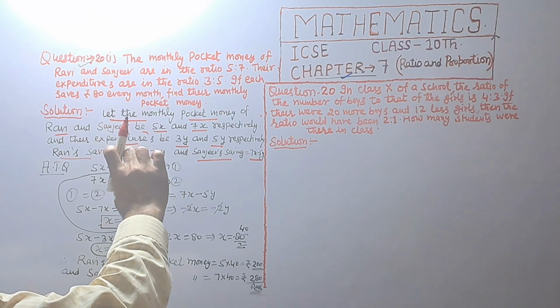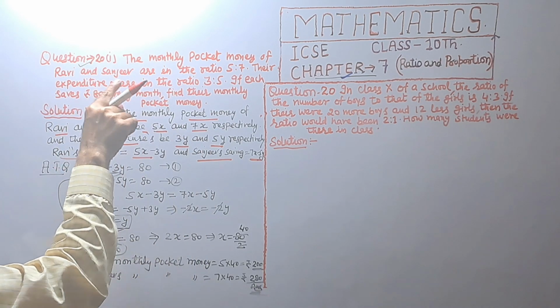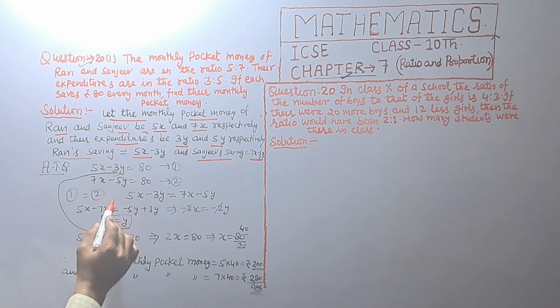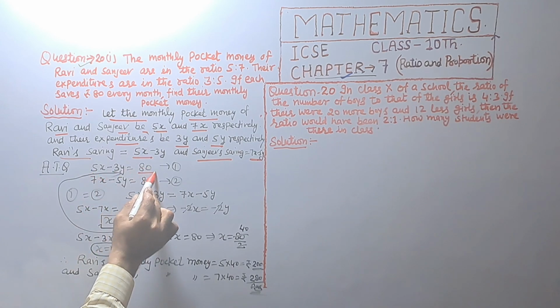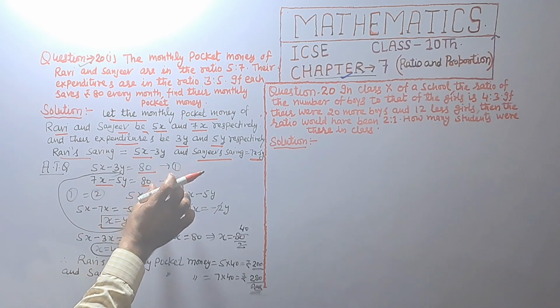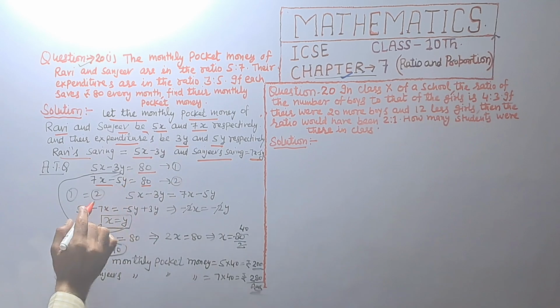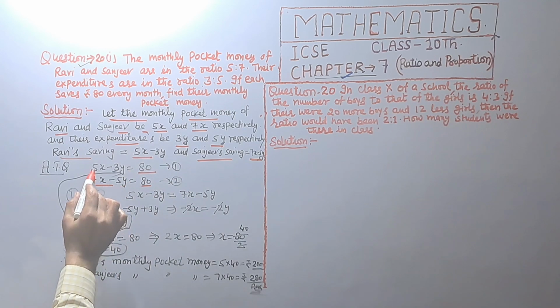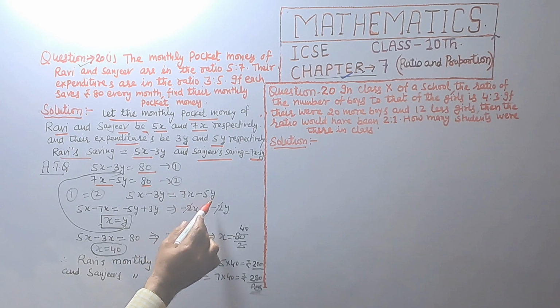According to question, if each saves rupees 80 every month, 5x minus 3y is equal to 80, 7x minus 5y is equal to 80. It's equation number second. From equation number first and second, 5x minus 3y is equal to 7x minus 5y.